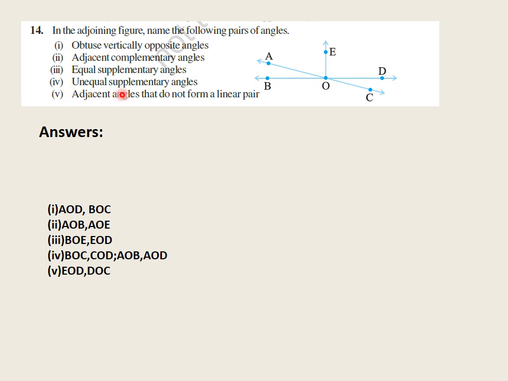Now, unequal supplementary angles. Unequal supplementary angles means you have to add the two adjacent angles and the sum should be equal to 180 degrees. So, what are unequal adjacent angles? What are those?